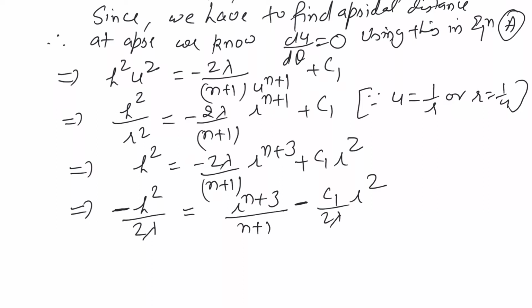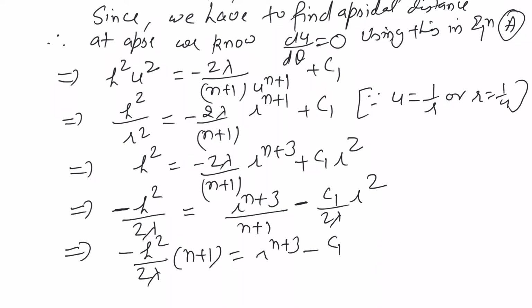Now multiplying both sides by n plus 1: minus h square by 2 lambda times n plus 1 equals r to the power n plus 3 minus c1 r square by 2 lambda times n plus 1.